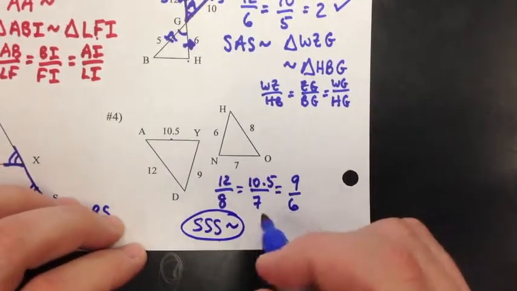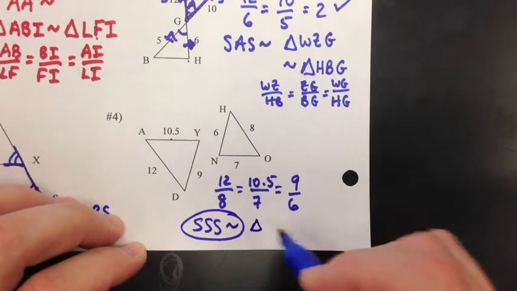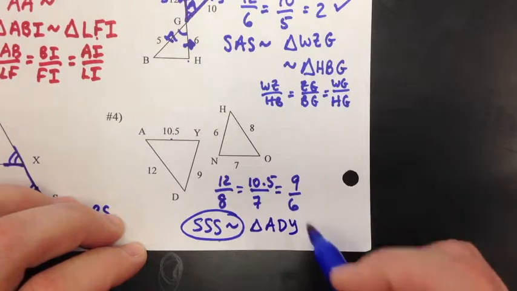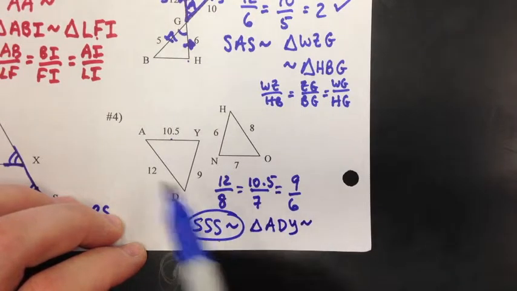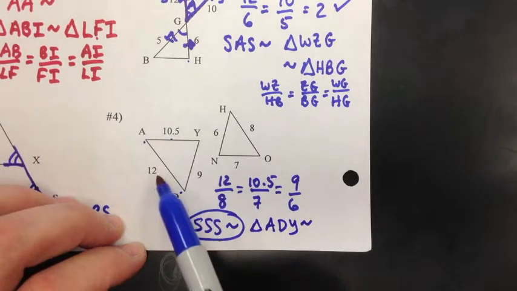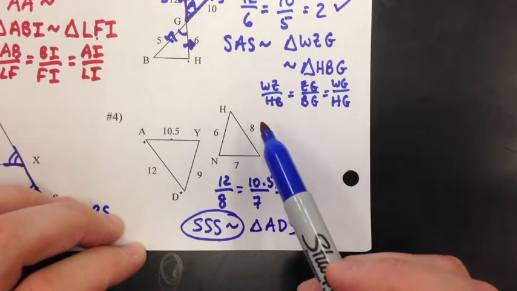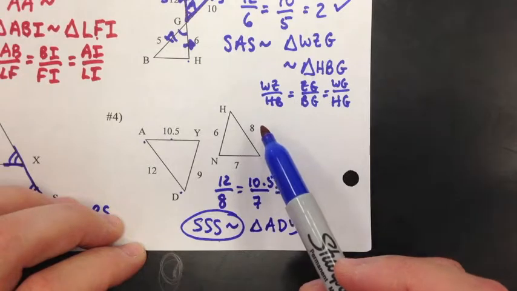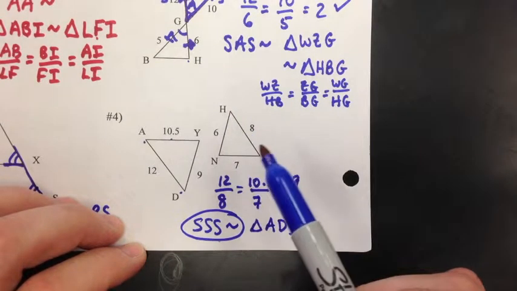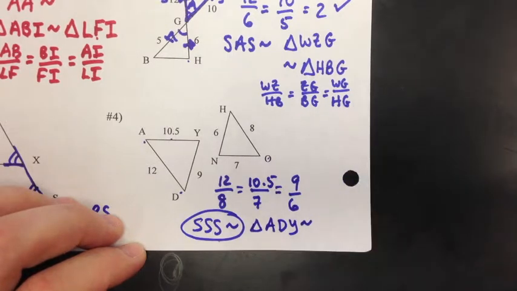Now, when we match this up, I'll go triangle ADY. So A to D was the longest side, the 12. That means I'm going to have to start here with the 8. Now do I go HON or OHN?